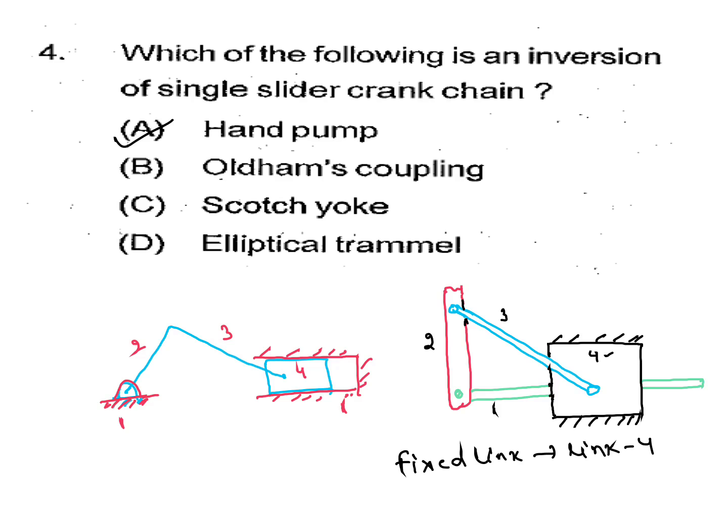And B, C, D all are examples of double slider crank chain. It's like this.